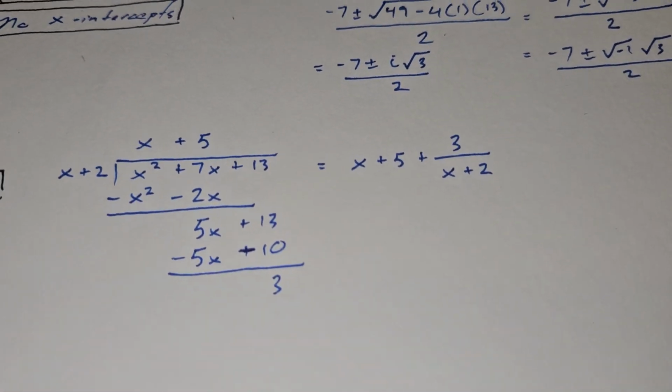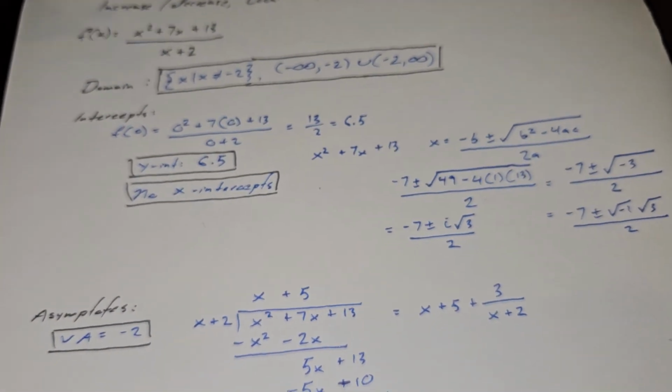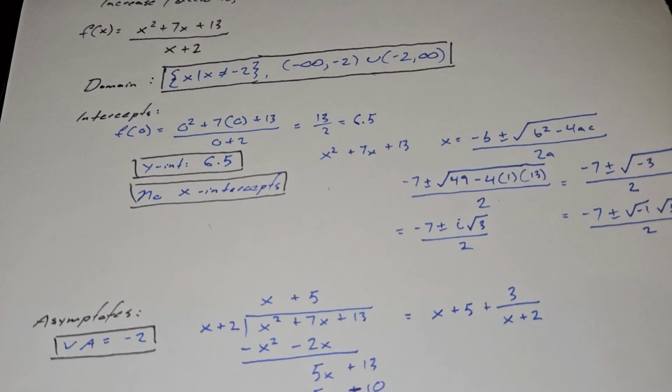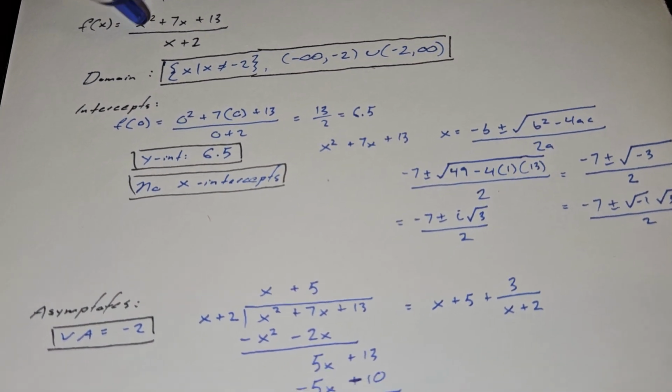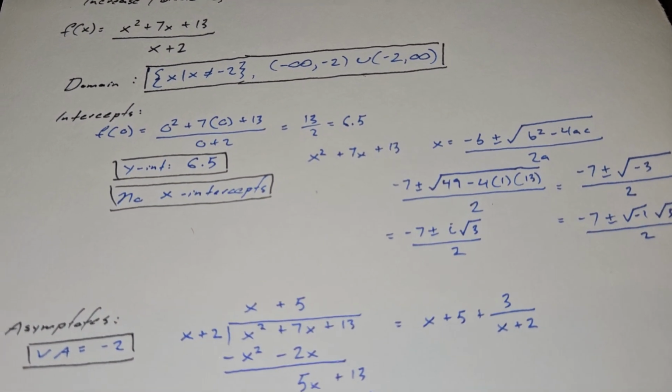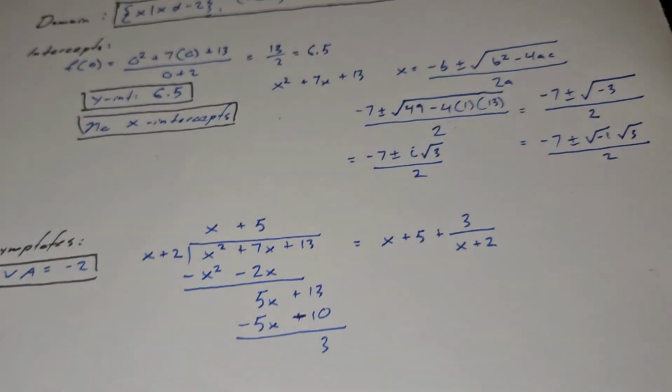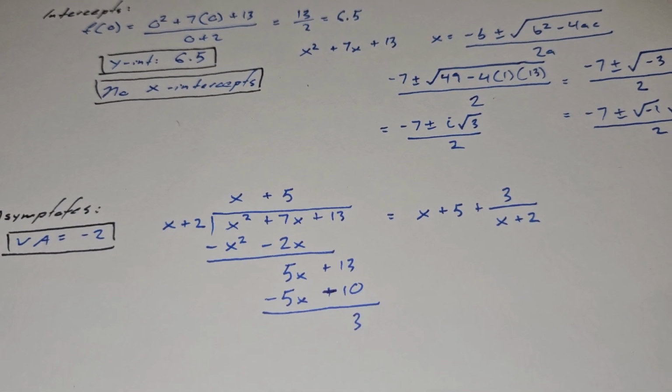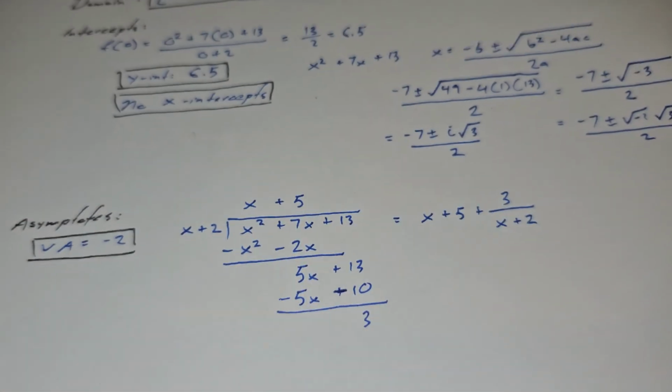Just remember, if the degree of the numerator is greater than the degree of the denominator, do the division and you're going to get your oblique asymptote. So this is your oblique asymptote, x plus 5.